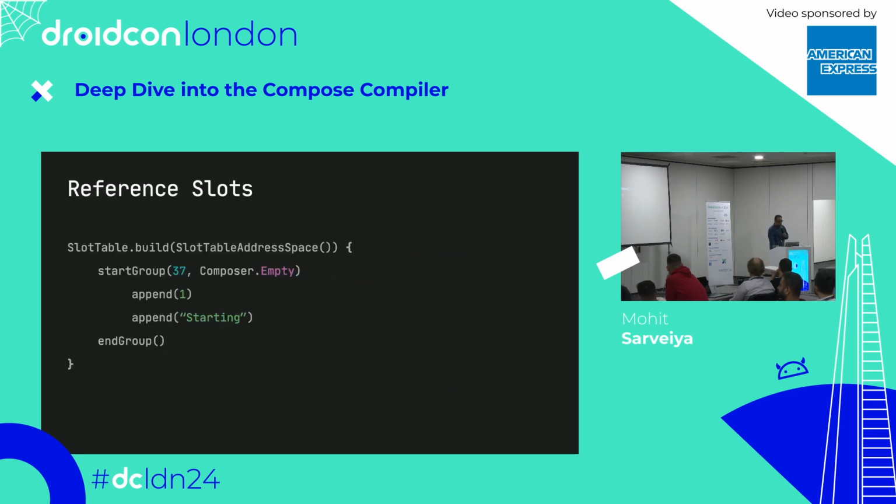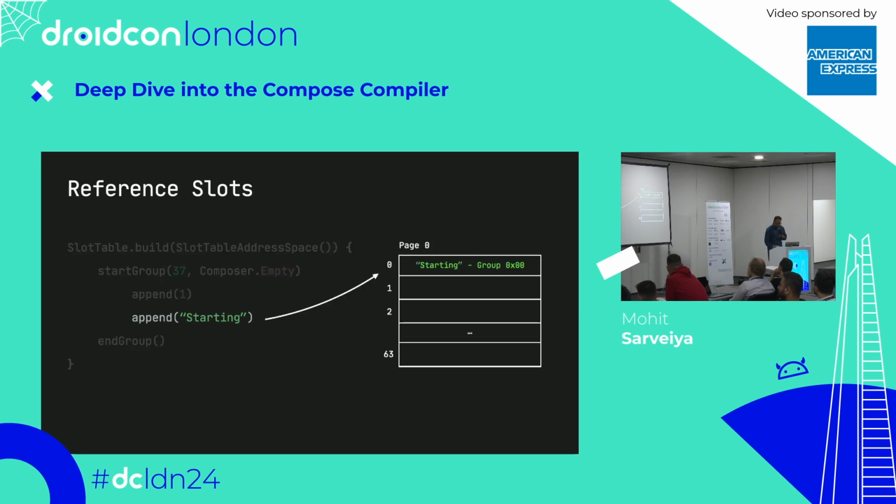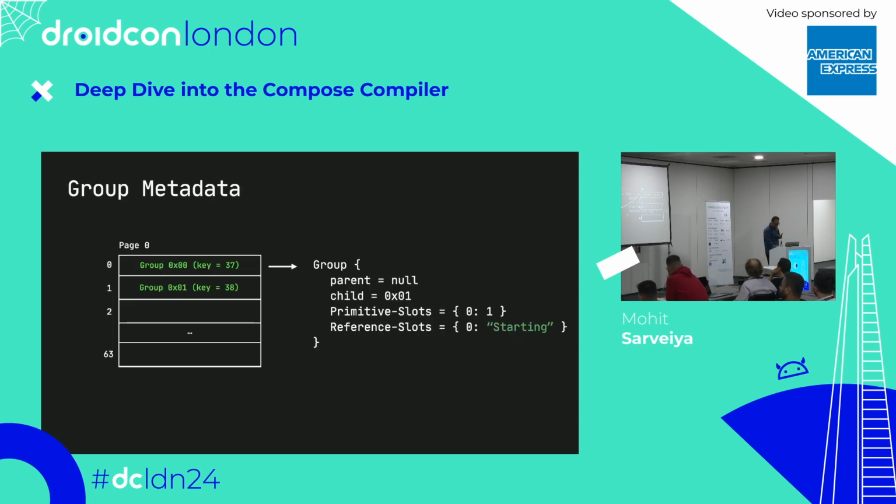So what about when you have a value like a string? A string has its own slot table called the reference slots. So imagine sending that to a composable function, it gets stored right there. And a similar concept applies here. So there are 3 slot tables: one for the groups, one for primitive values, and one for reference types. So this looks like this underneath the hood.